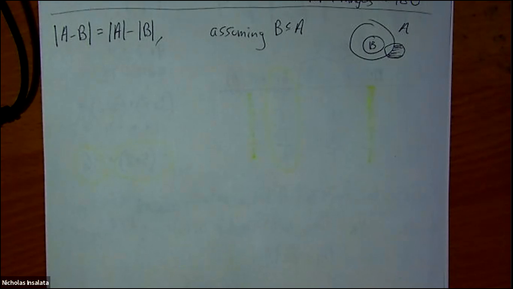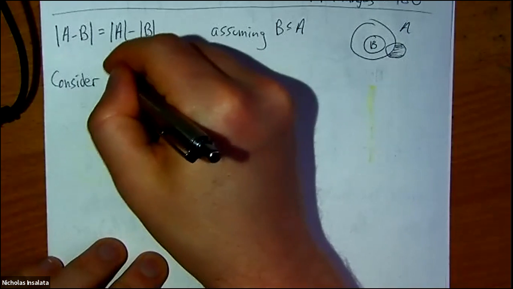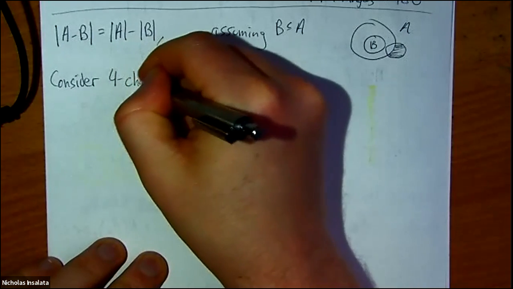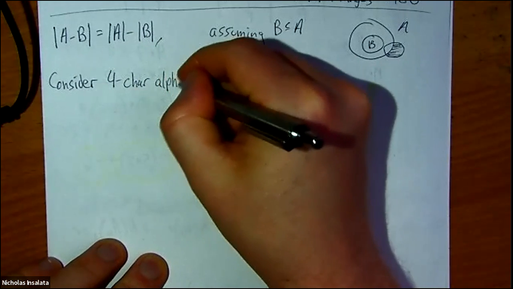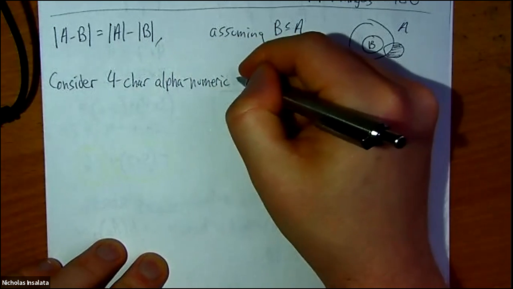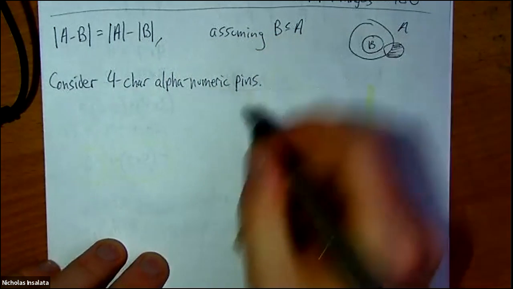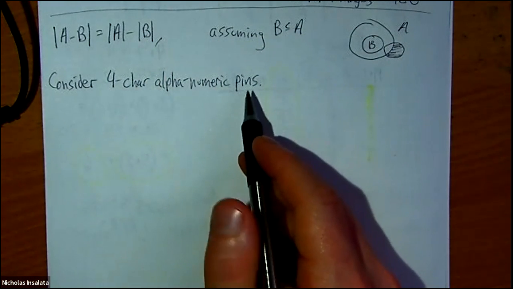All right. So let's think about some more of these passwords, right? So consider 4-character alphanumeric pins. By pins, I just mean passcodes, like a pin for your ATM card, right?